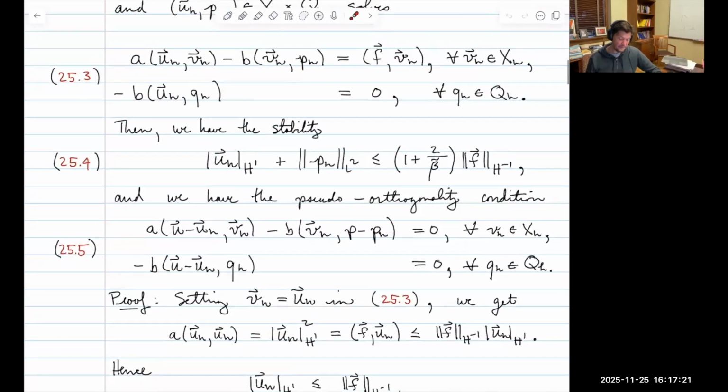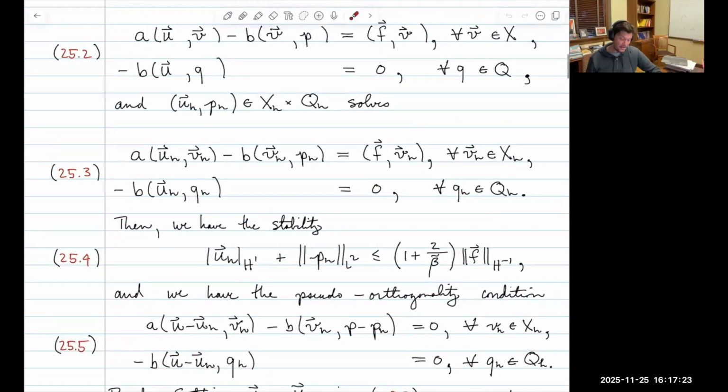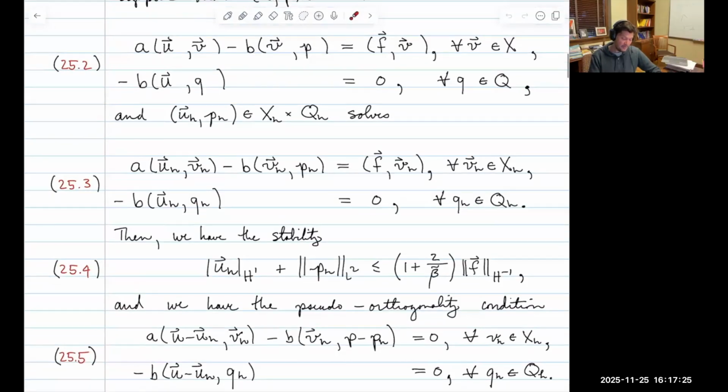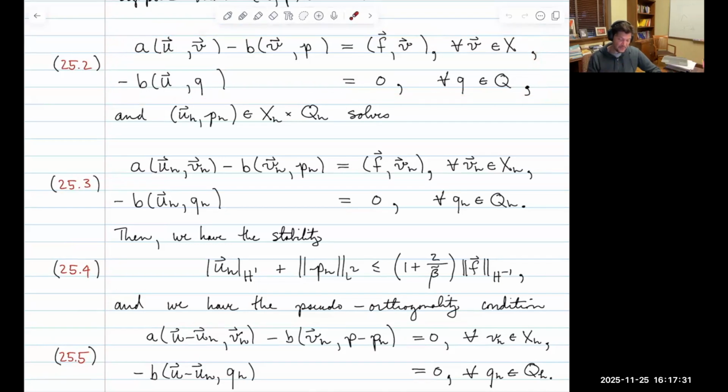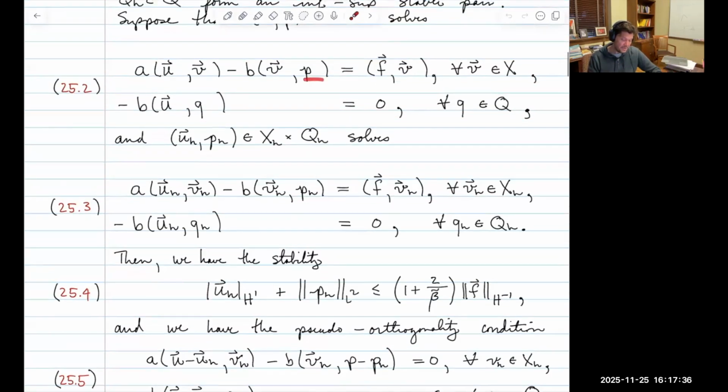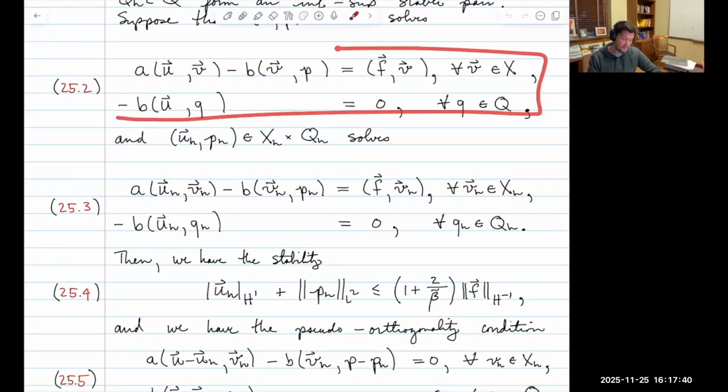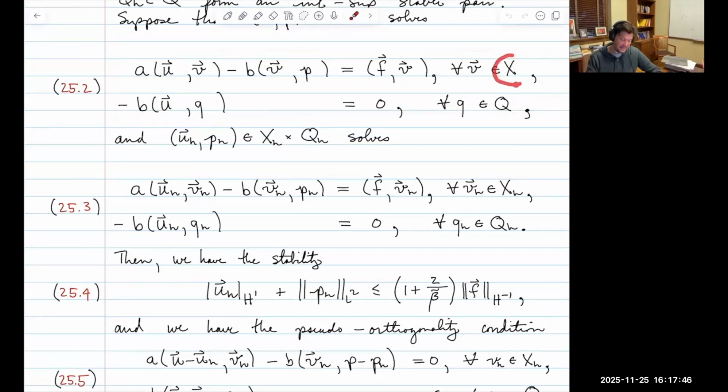Okay, the pseudo orthogonality. You can just take 25.2. So if we have a solution from the infinite dimensional space X and P from Q, then these two equations will hold if we restrict our test functions to the finite dimensional spaces. So I could replace these test functions.